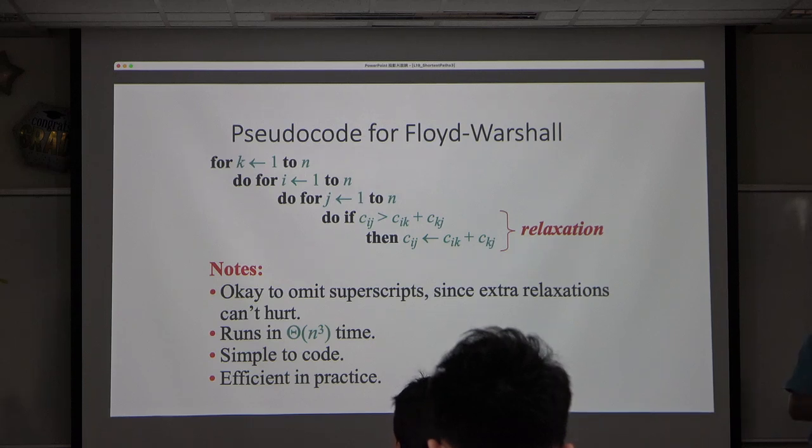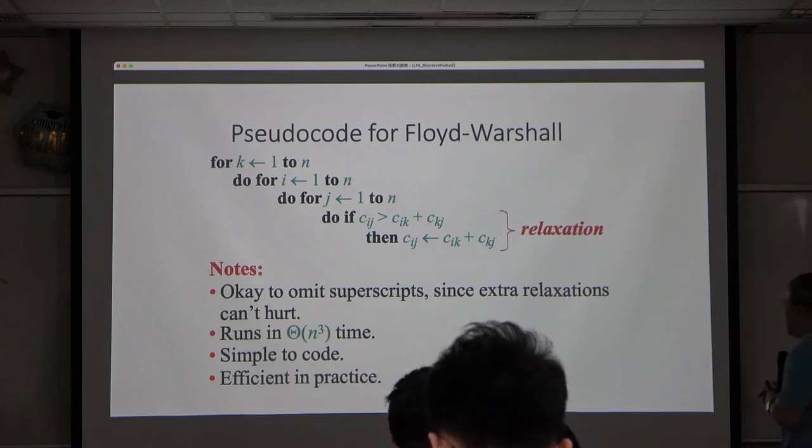But if you say, I want not just the weight, I want the path, what do you do? The previous algorithm and this second algorithm both tell you the weight of the path, but they don't tell you the whole path.